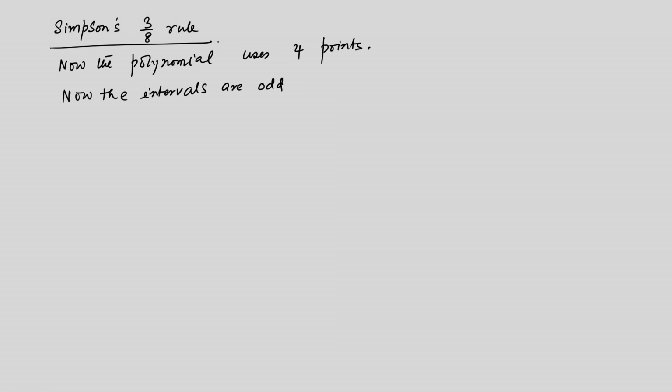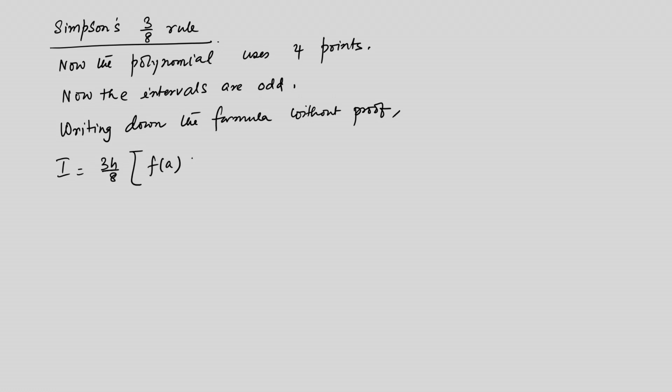We will write down the formula without proof. It is f a plus 3 f of x 1 plus 3 f of x 2 plus f of b, with h equal to b minus a by 3.